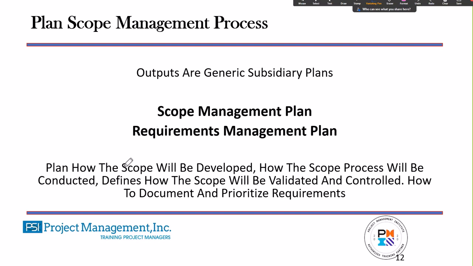That's what it's going to tell us. We also have as an output the requirements management plan. Now, this is going to be focused on collecting requirements, prioritizing requirements, justifying requirements, and things of this nature.